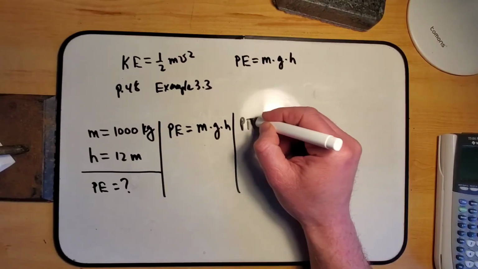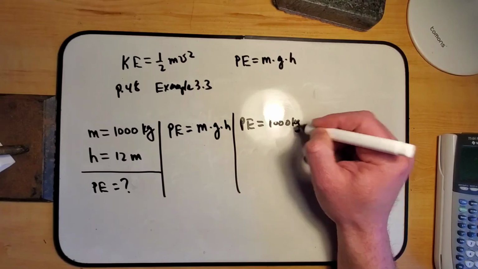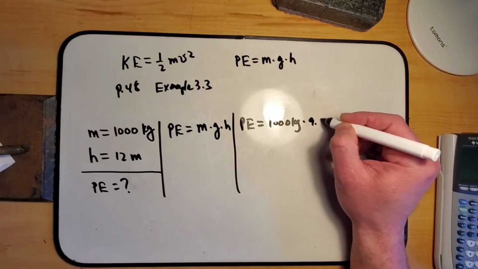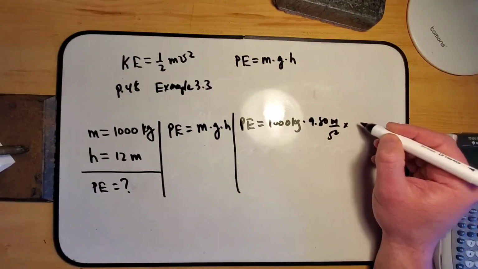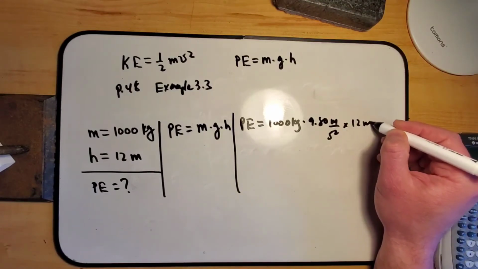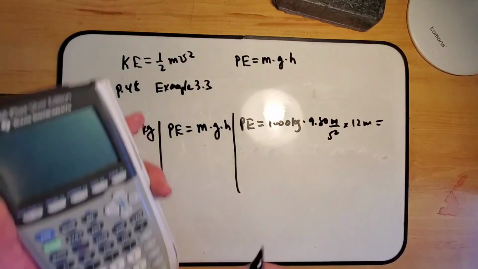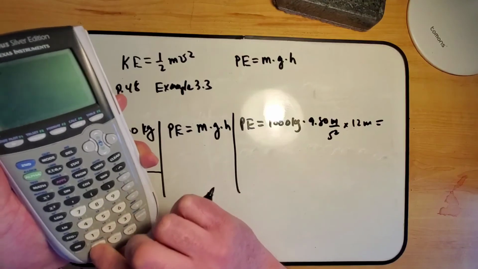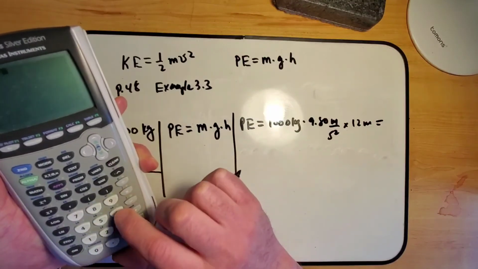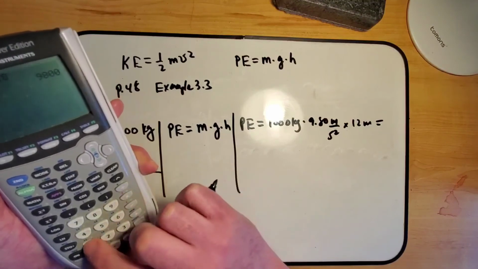And all I have to do is just plug everything in. So it is 1,000 kilograms times 9.80 meters per second squared times the height, which is 12 meters. And so we're going to find out in a moment how much potential energy that is equivalent to. So 1,000 times 9.8 times 12.